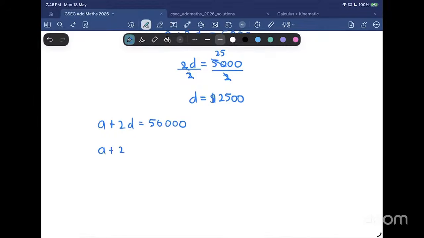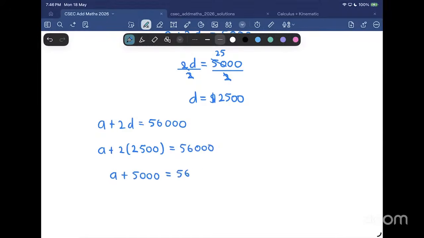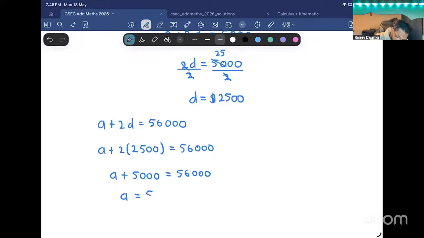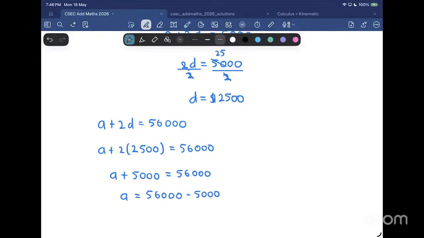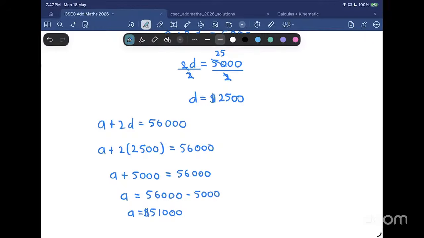So A plus 2 times 2,500, so that'll be 56,000 minus the 5,000. A is 51,000. Did you guys get this?